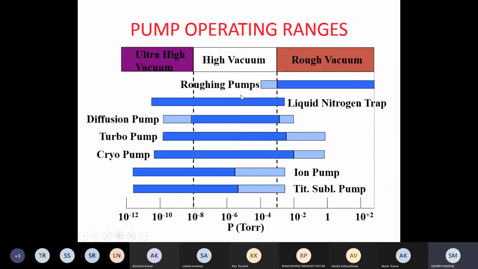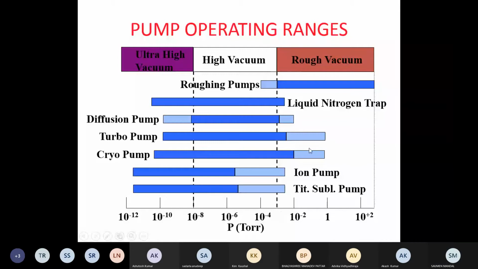Now this is another very important table: ultra high vacuum and raw vacuum. At the bottom you can see the scale is in torr. If you want to operate in raw vacuum, you have only one option according to this table: you need a roughing pump, up to 10 to the minus 3 torr.